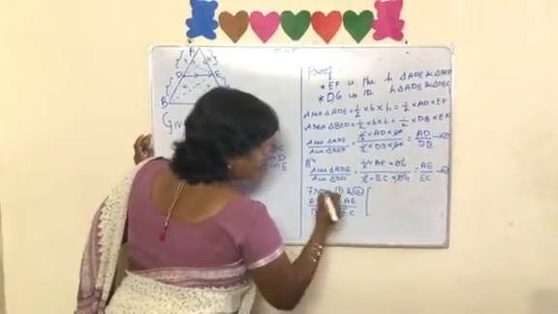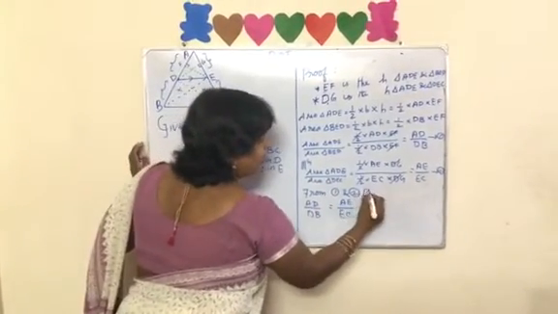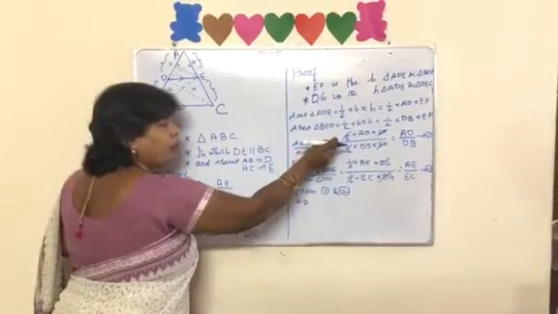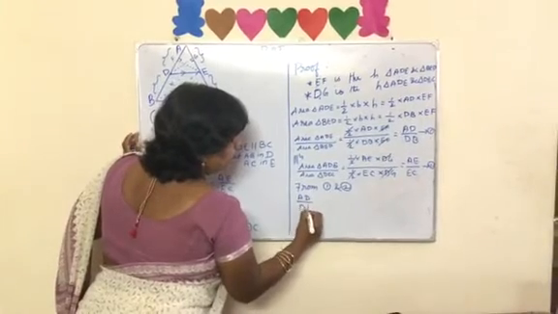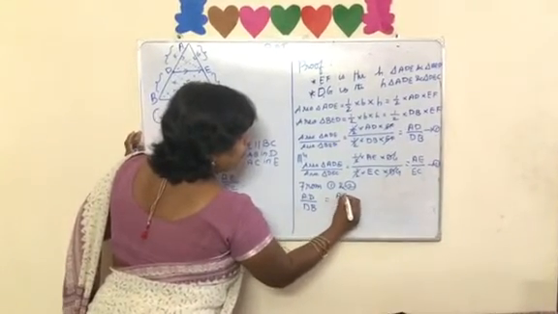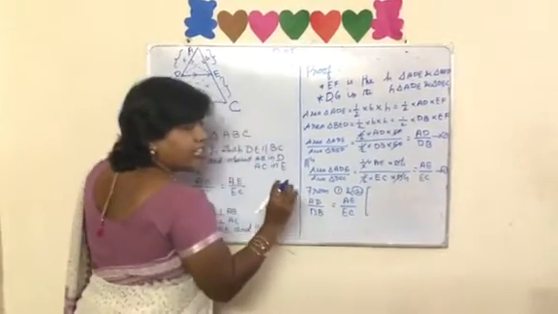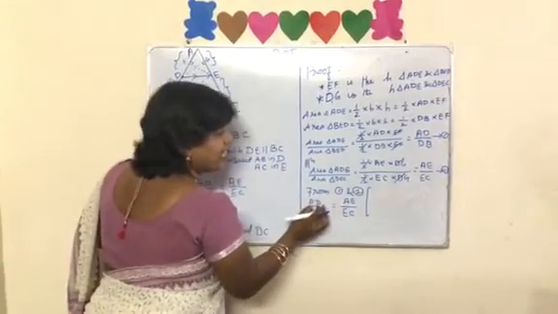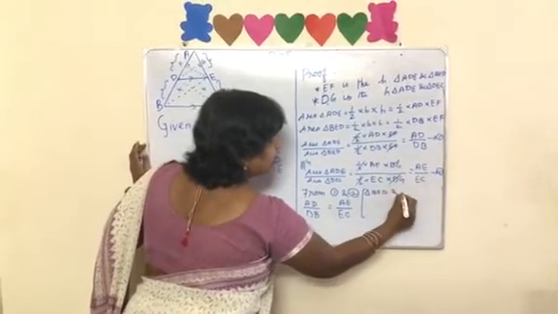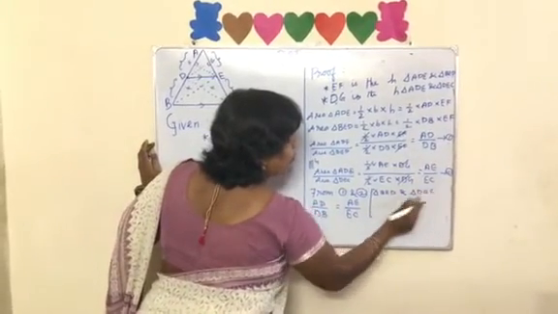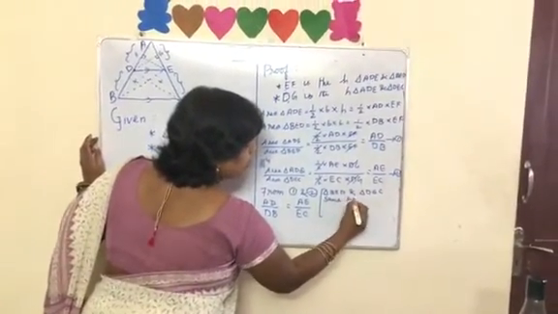Why? I am going to write the statement on it. Why are these two equal? Triangle BED and triangle DEC both have the same base. Which is the same base?